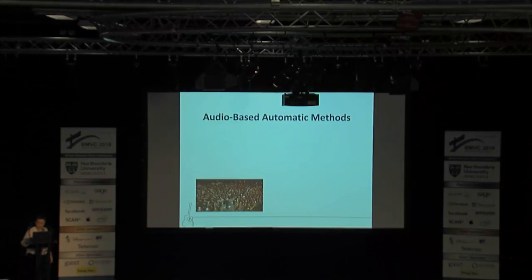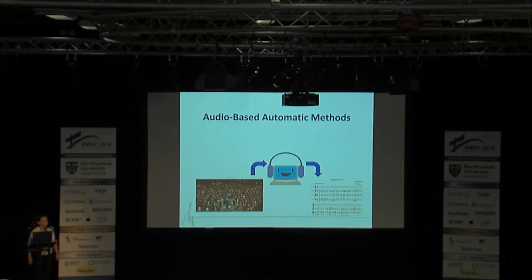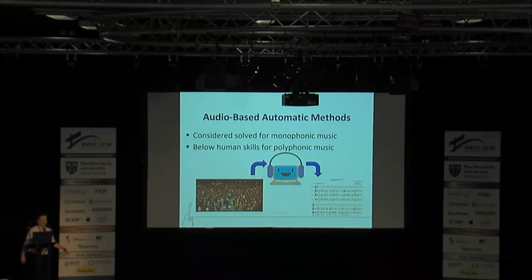So automatic mechanisms were introduced where a computer gets an input of an audio signal, and the output is the musical sheet. It works quite well for monophonic music, but for polyphonic music, it performs below human skills, which is unfortunate since most music is polyphonic.